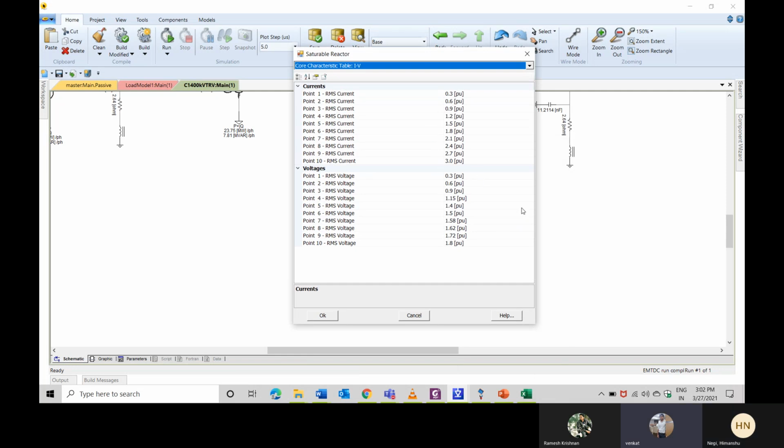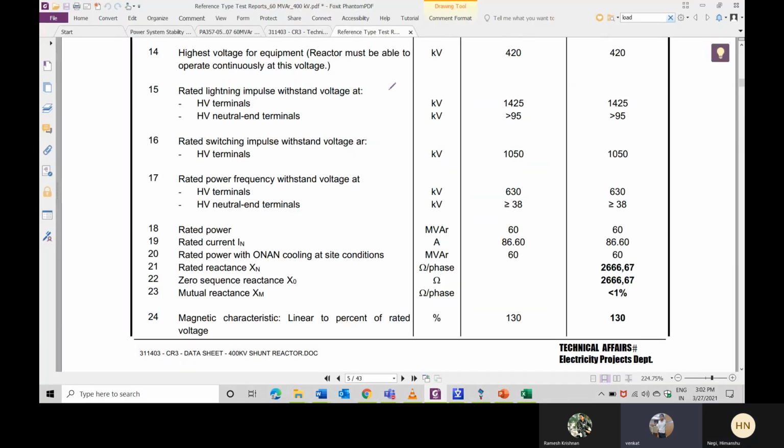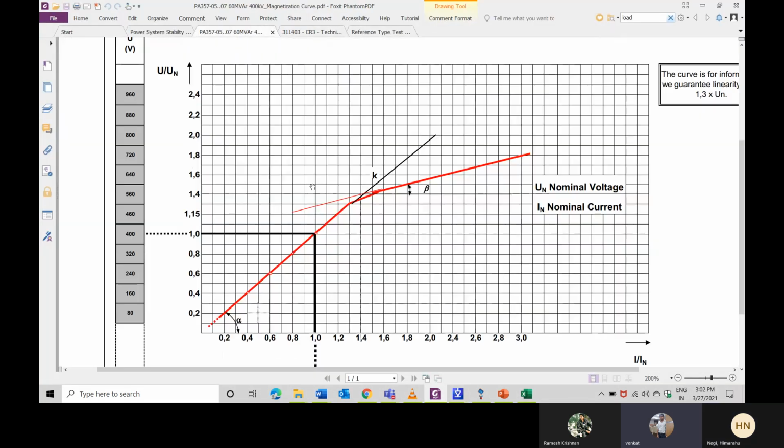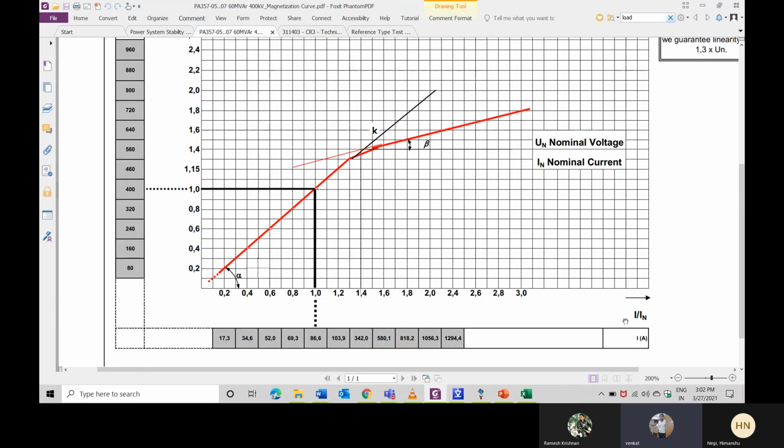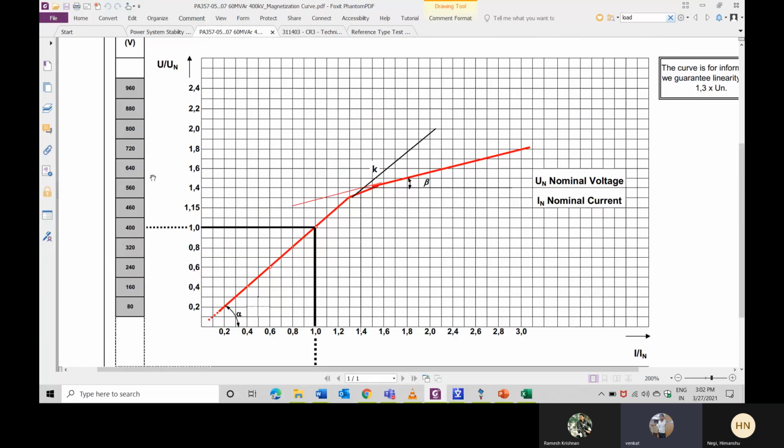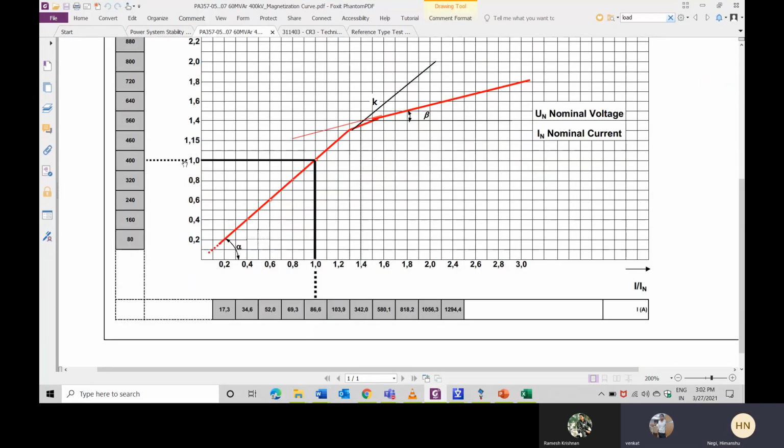Where did I take these values from? From the saturation curve, which I got from the customer. From this graph, you can see that up to 1 per unit, my current and voltage are in phase; it is linear.